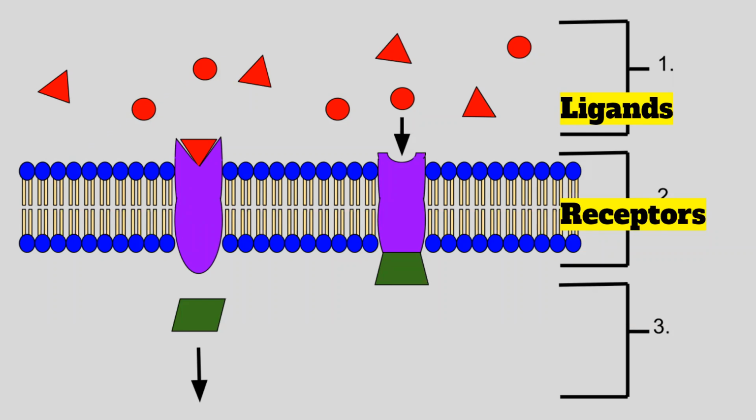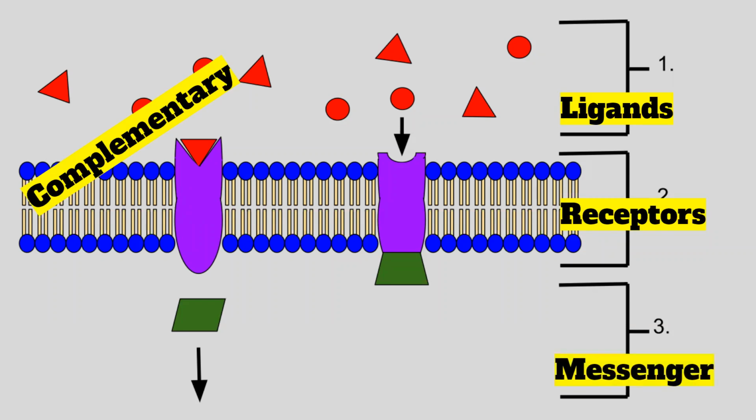Okay, and that is called transduction. And this transduction can only happen if the receptor is complementary to the ligand. Otherwise, the receptor and ligand will not form a complex and no message will be passed.